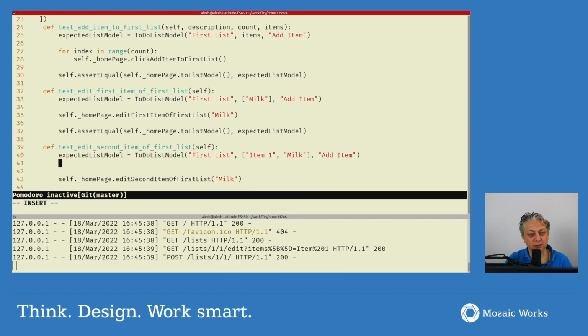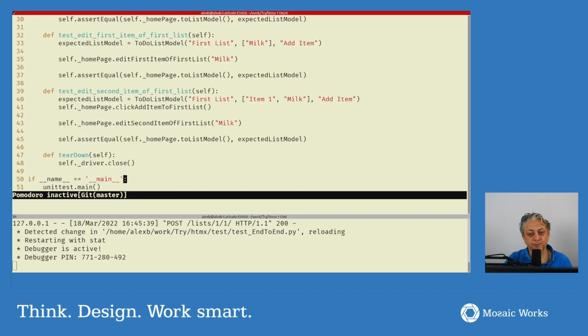Another thing that we need to do is home page add. Click add item to first list. So this is how we add a new item. And this is what will happen right now, okay? But we are missing a few things. We don't have edit second item of first list implemented.